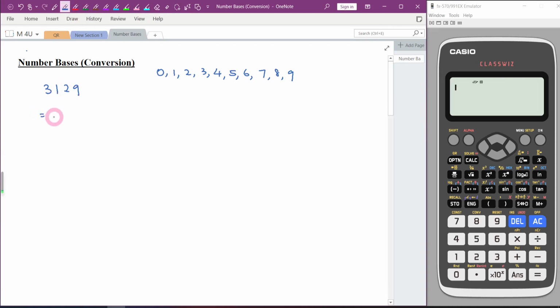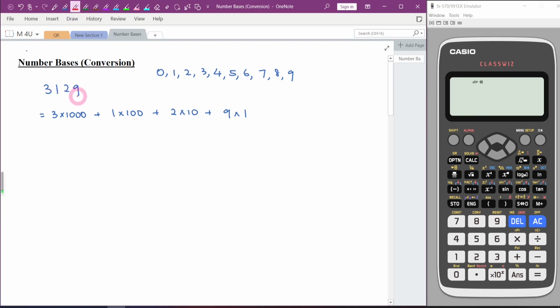Okay, this is actually 3129, right? Because it is equal to 3 times 1000 plus 1 times 100 plus 2 times 10 plus 9 times 1. Try to think why: 1000, 100, 10 and 1.